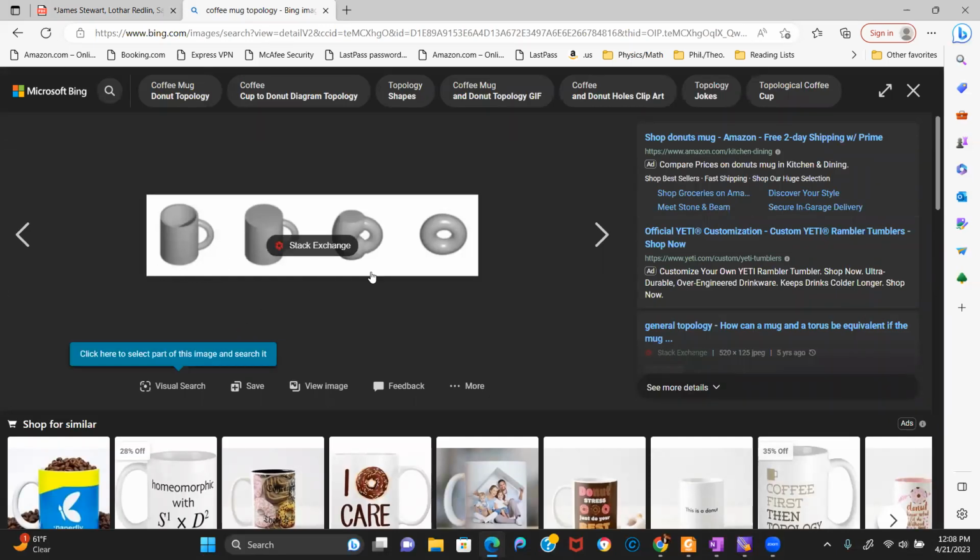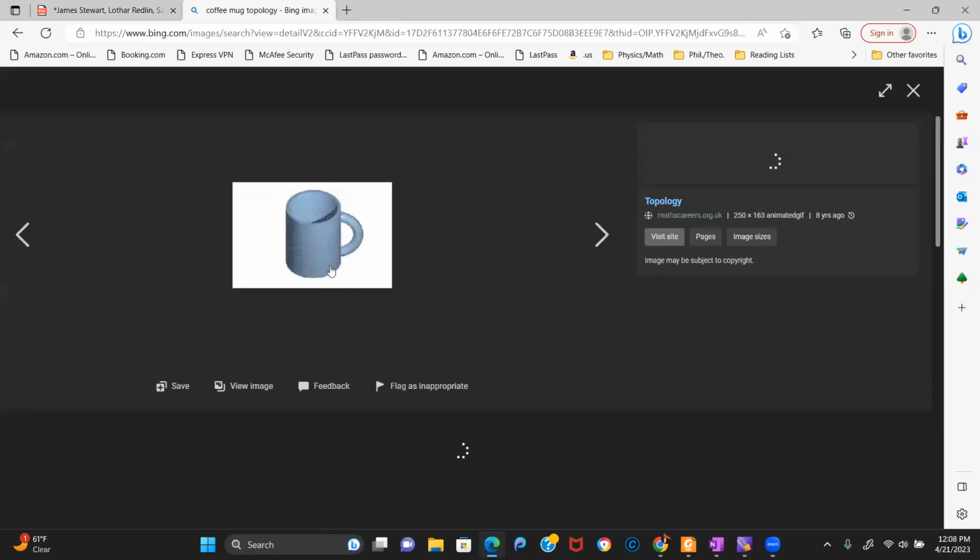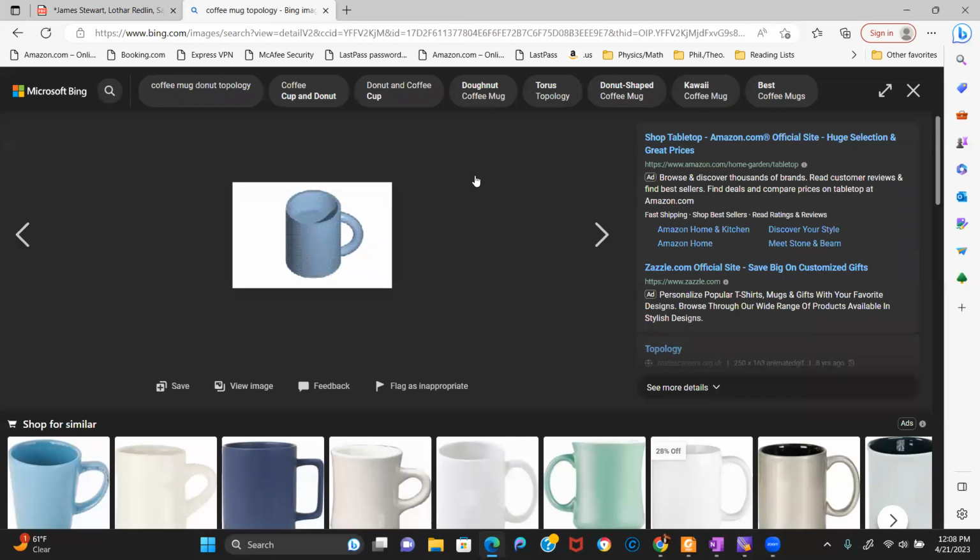Oh, here it is. These two shapes, the coffee mug and the donut, the torus, are topologically the same because you can perform these continuous deformations. So you'd say that the coffee mug shape and the torus, that is the donut, are homeomorphic in this way.